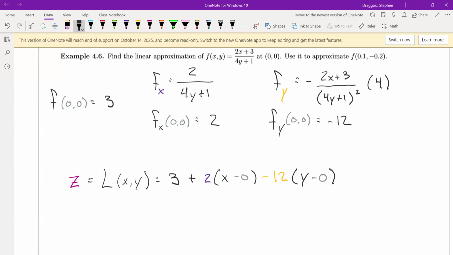Since I am centered at 0, 0, the point I am plugging in to the difference in the x's and the difference in the y's is 0 and 0. So now I want to figure out what this approximation is. Rather than having to plug 0.1 and -0.2 into the original function, I'm going to claim it's easier to approximate my answer using this tangent plane.